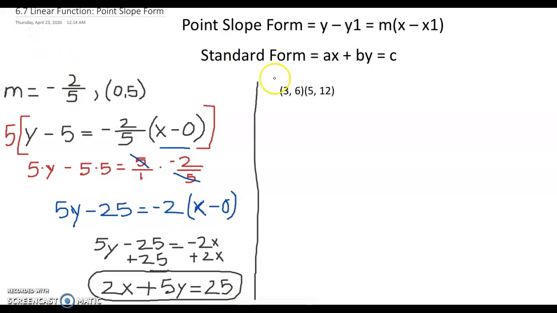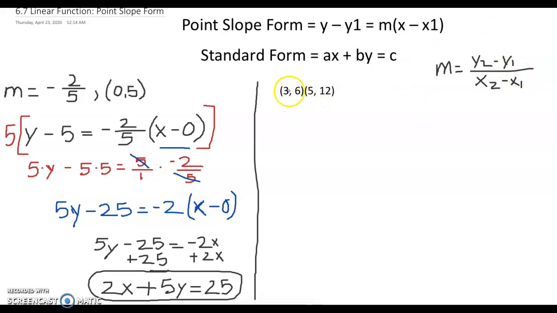The next one we're going to do is write the equation of the line in slope intercept form using these points. The first thing we're going to do is find the slope. If we forgot what slope is, remember it is y2 minus y1 over x2 minus x1. We should all be very familiar with this.